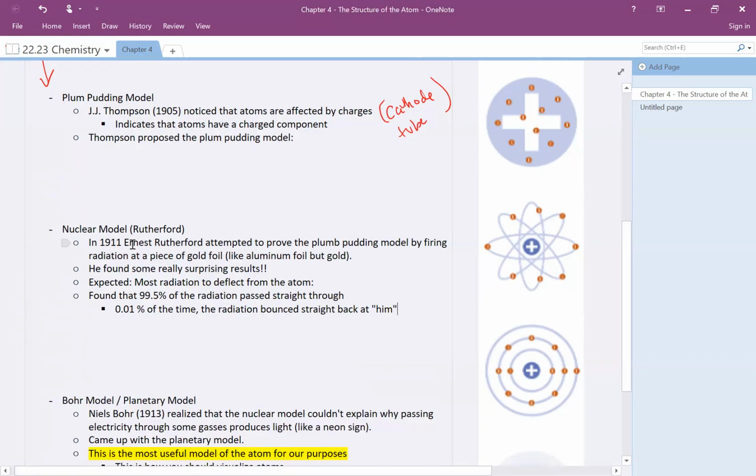So this is probably not too crazy for you guys because I understand that you maybe don't understand atomic radiation that well. But here's how Rutherford explained his results.